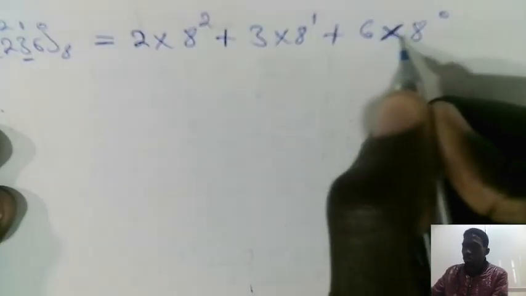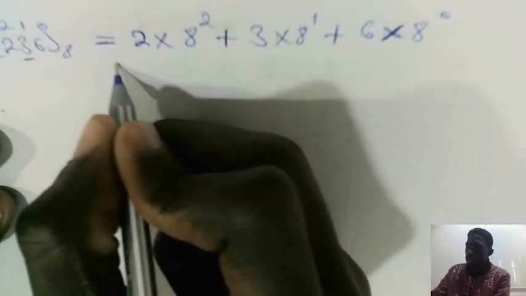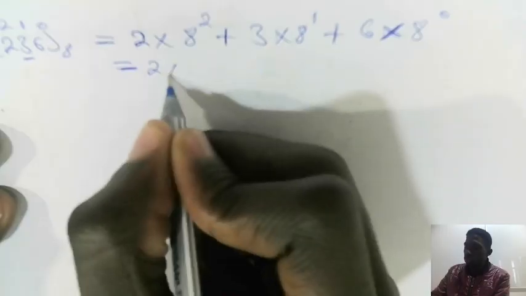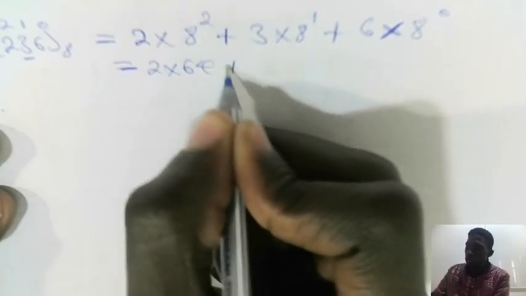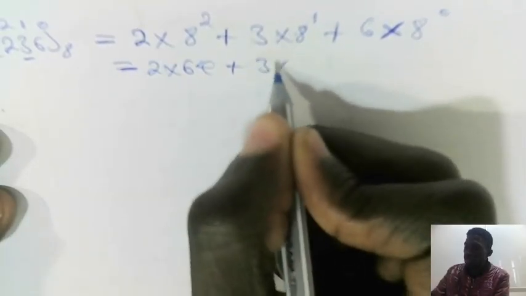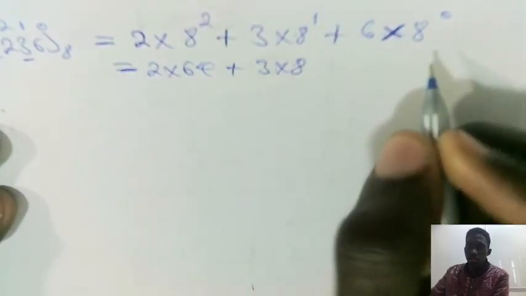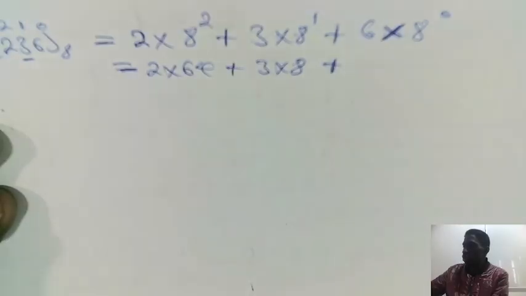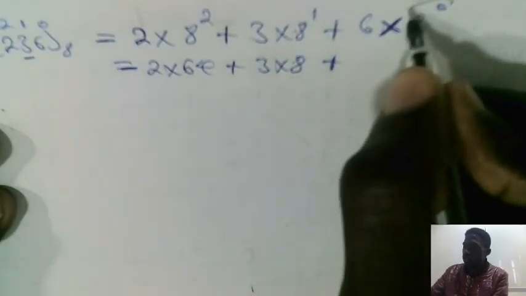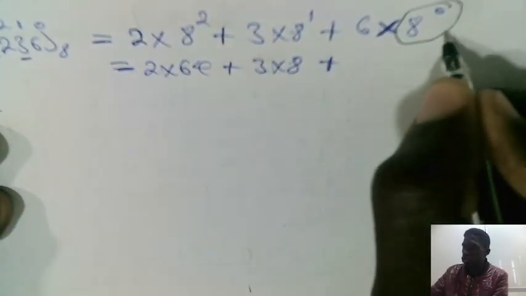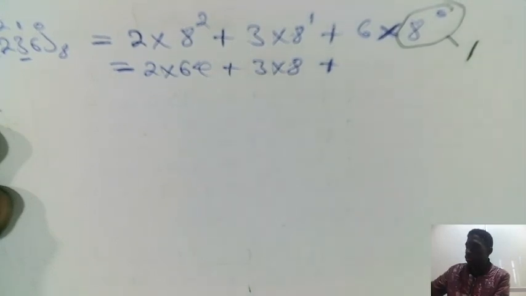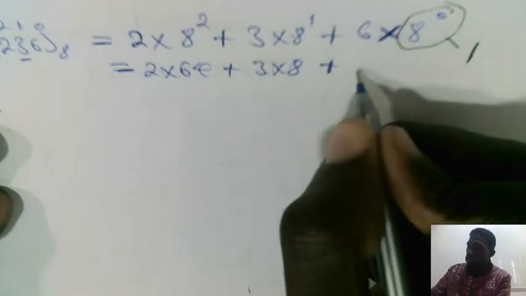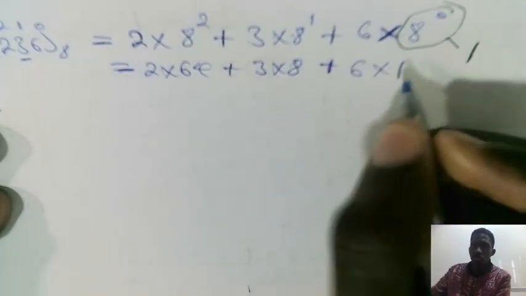So we are ready to evaluate this. Once we do this, we can now finally get the answer. So we have 2 times 8 to the power 2, which is 64, plus 3 times 8 to the power 1, which is 8, and plus 6 times 8 to the power 0. Again, 8 to the power 0 is 1. Anything to the power of 0 is always 1. So we have 6 times 1.